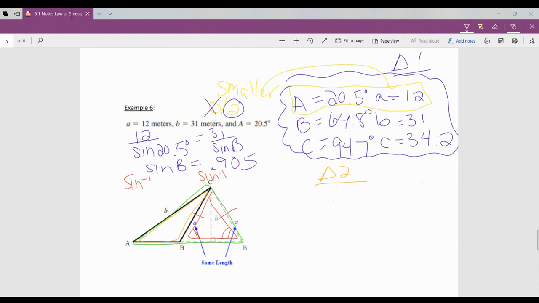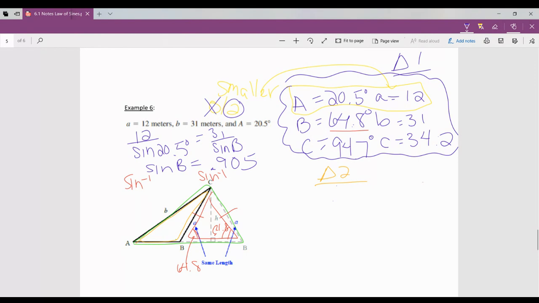So this is angle B, which is 64.8. So this is 64.8. So then this over here is 64.8.